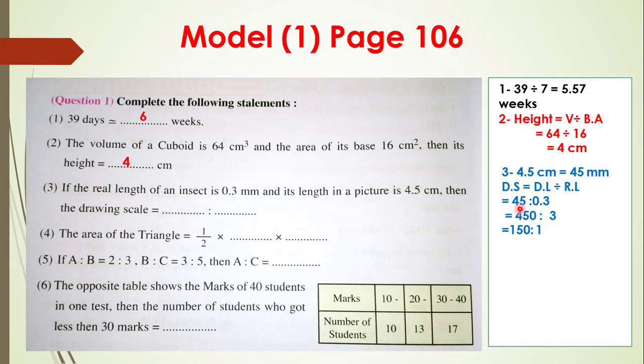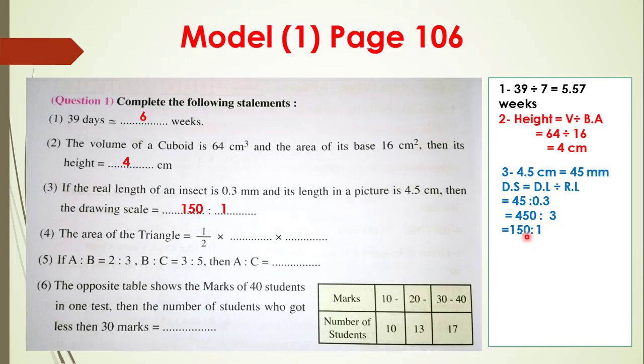Now 45, this is the drawing length, to 0.3. Multiply by 10 to remove the decimal point. The result will be 450 to 3. Then divide by 3. The result will be 150 to 1. So the drawing scale here is 150 to 1.